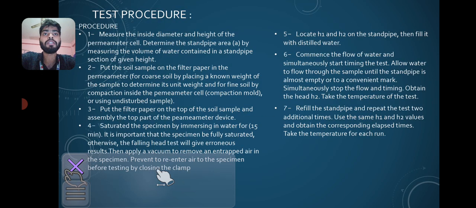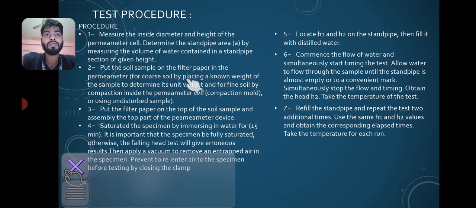Next comes the test procedure. First of all, measure the inside diameter and height of the permeameter cell to determine the standpipe area by measuring the volume of water contained in a standpipe section of a given height. Put the soil sample on the filter paper in the permeameter.